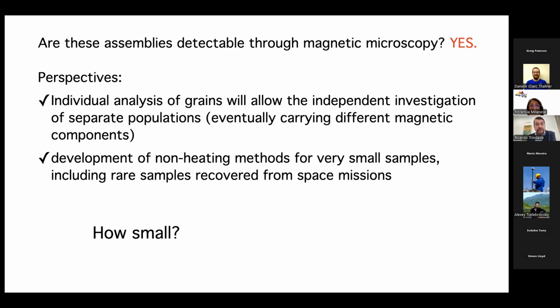So this provides a very nice perspective for the analysis of individual grains, providing different populations that can eventually be related to different magnetic events or different geological events.